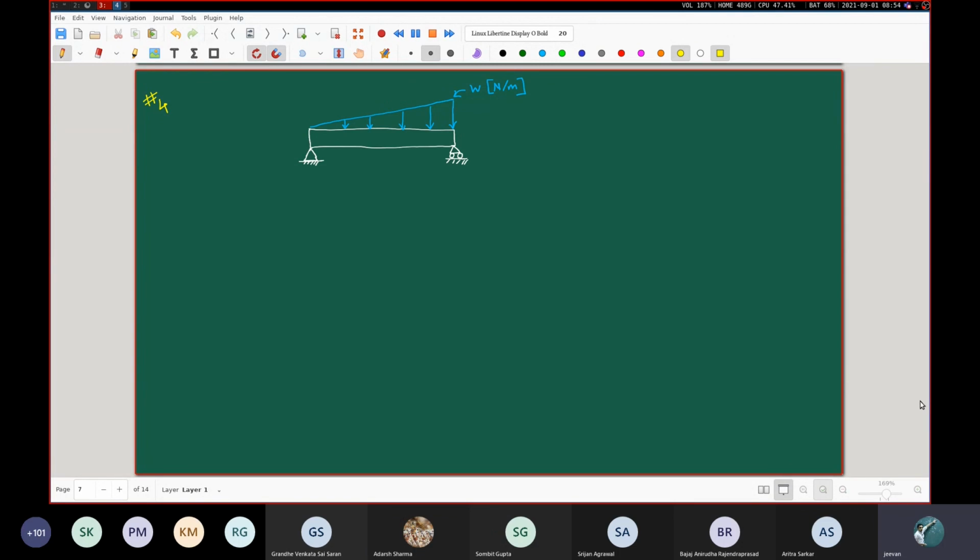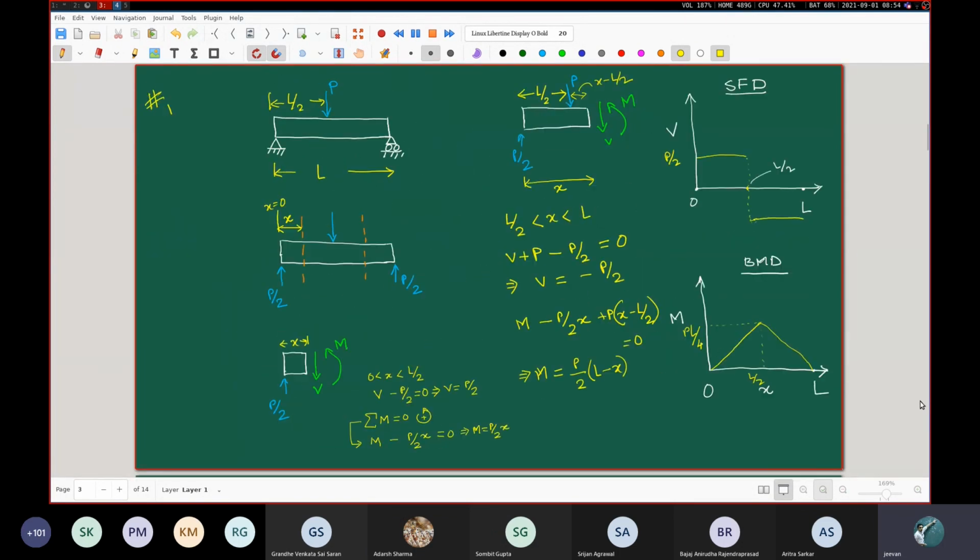Let us go back. So this was the first example that we had considered, our example number 1. Very simple kind of thing. Here we had simple supports at both the ends. So the first thing that we did was to find out the reaction forces at the two ends.